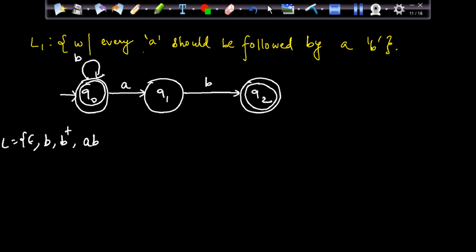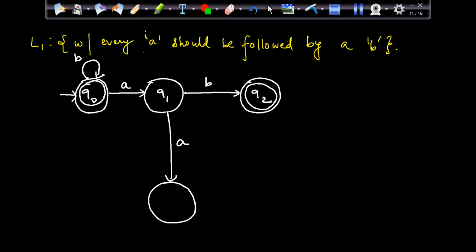Now when you are at Q1, it means we have seen one a, and if the next symbol is a, it means a is not followed by b, so you should go to a steady state. At Q1, if you see a, you go to a steady state.